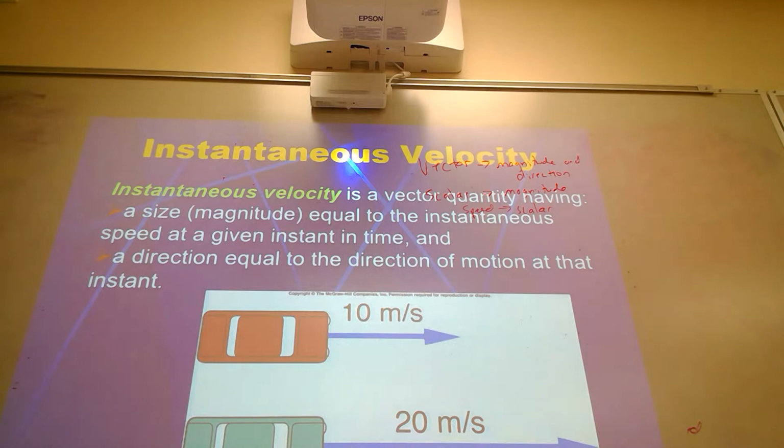Now we have instantaneous velocity and we have average velocity, right? Similar to average speed, we can have an average velocity. These two vectors here correspond to cars of two different velocities. They have different magnitudes. So if either the magnitude or the direction changes, the velocity changes.